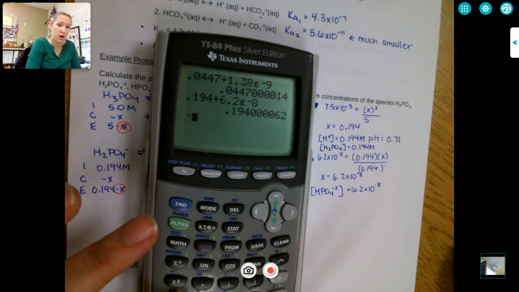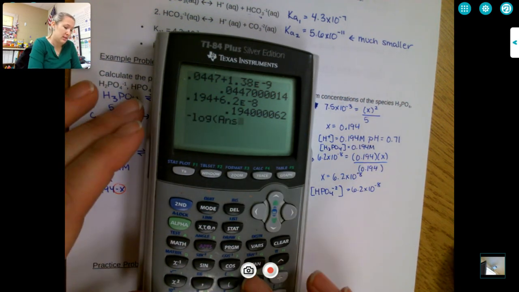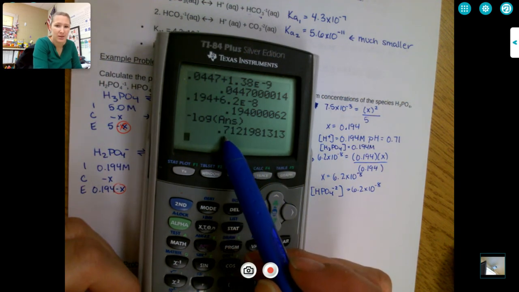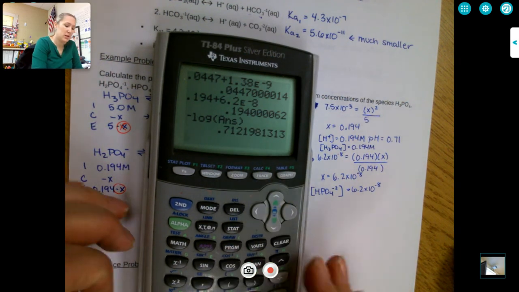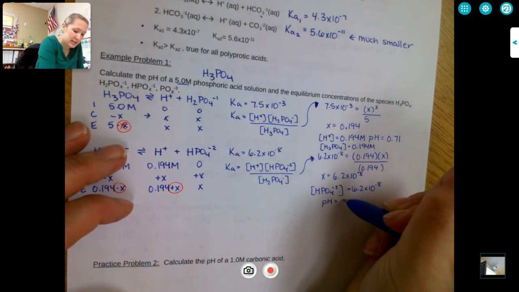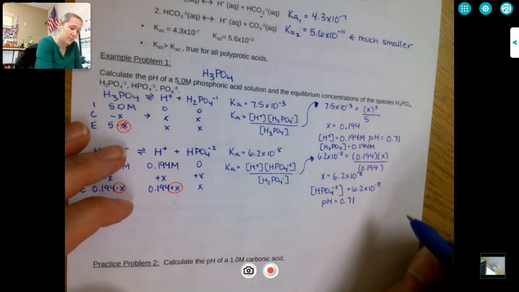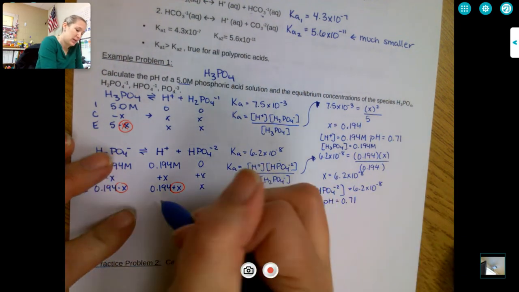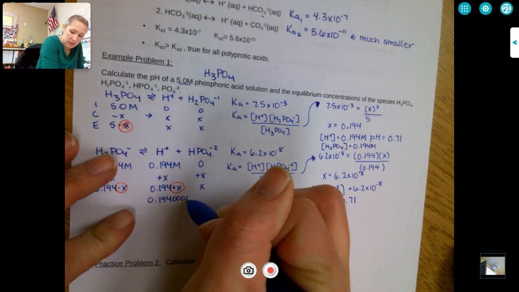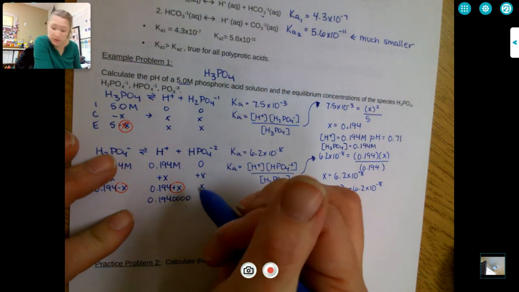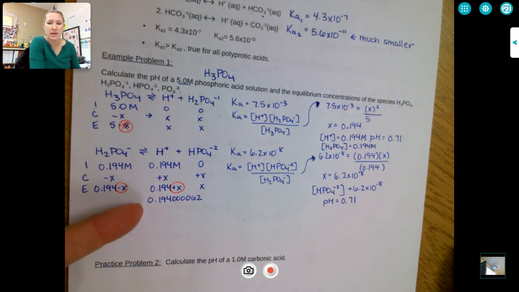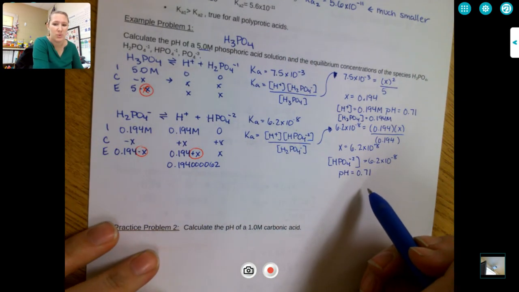So the negative log of that would be my pH, but that means my pH is still 0.71. So still at this point, my pH is still 0.71 because my hydrogen ion concentration really has no change. If I wanted to, I could write 0.194, 0.0000062. But when we took the negative log of that, we still got a pH of 0.71.